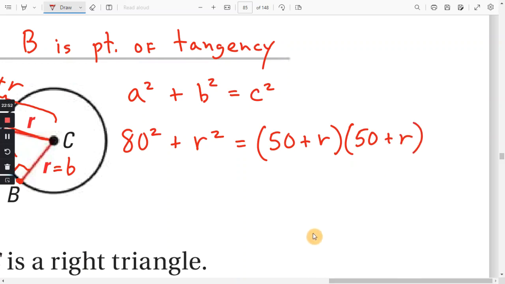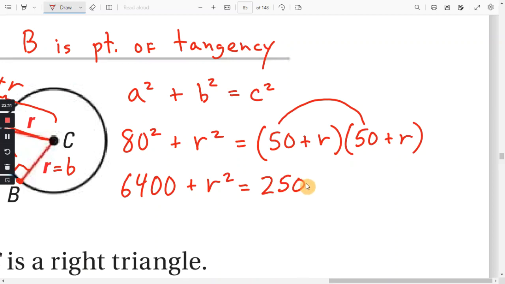All right. So 80 squared, 8 times 8 is 64, and you just add 2 zeros, plus R squared. Okay, you can distribute or use FOIL. 50 times 50, 5 times 5 is 25, and I'm going to add 2 zeros. 50 times R is 50R.